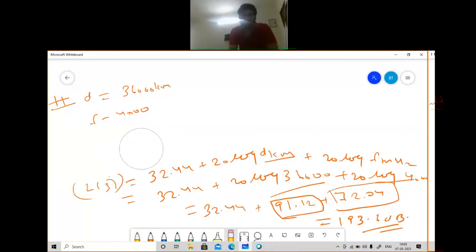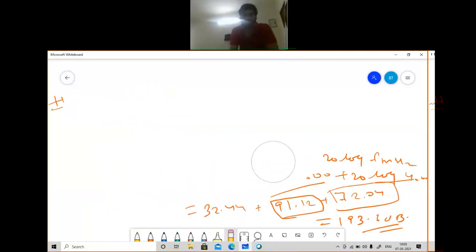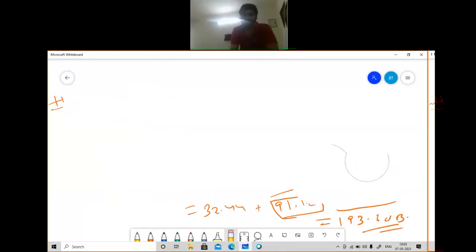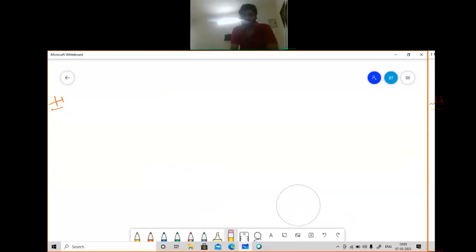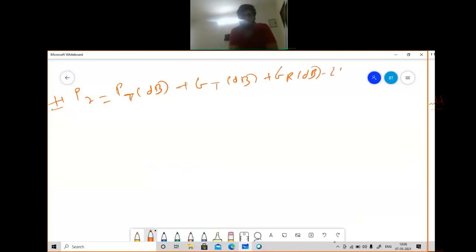Now in the second problem, they were asking you to calculate power received. Power received will be equal to power transmitted in dB plus gain transmitted in dB plus gain received in dB minus LS. Always remember that power should be calculated in dB.